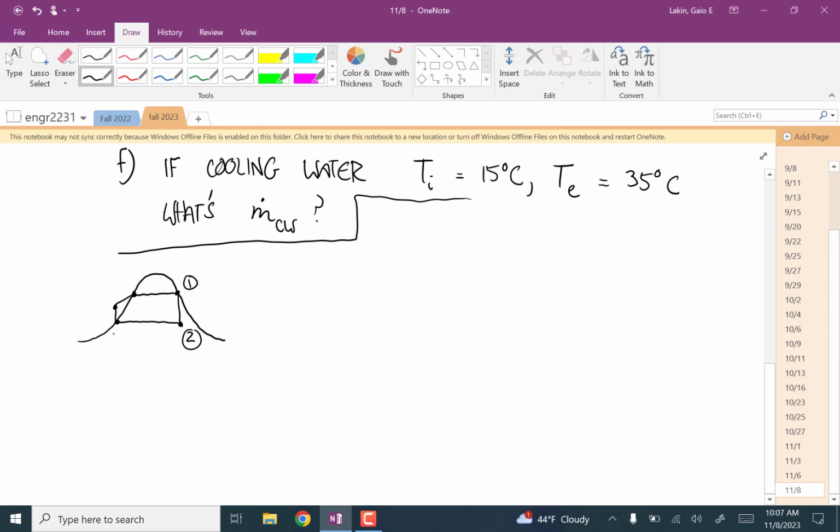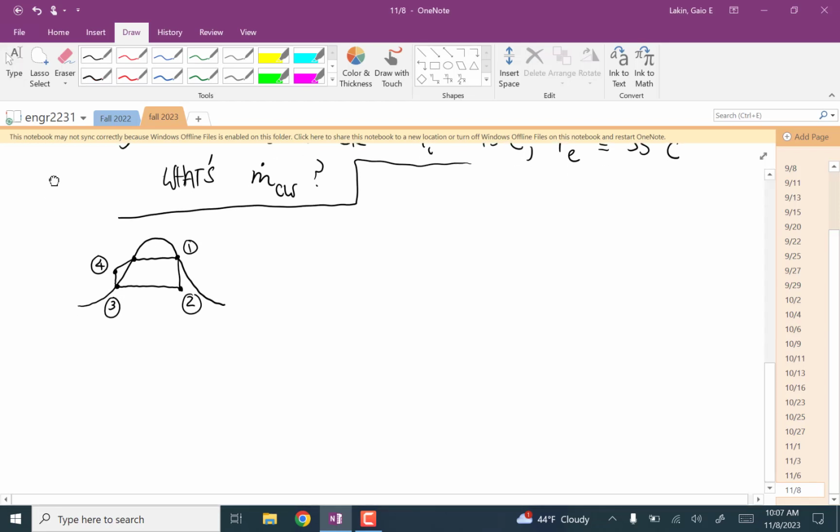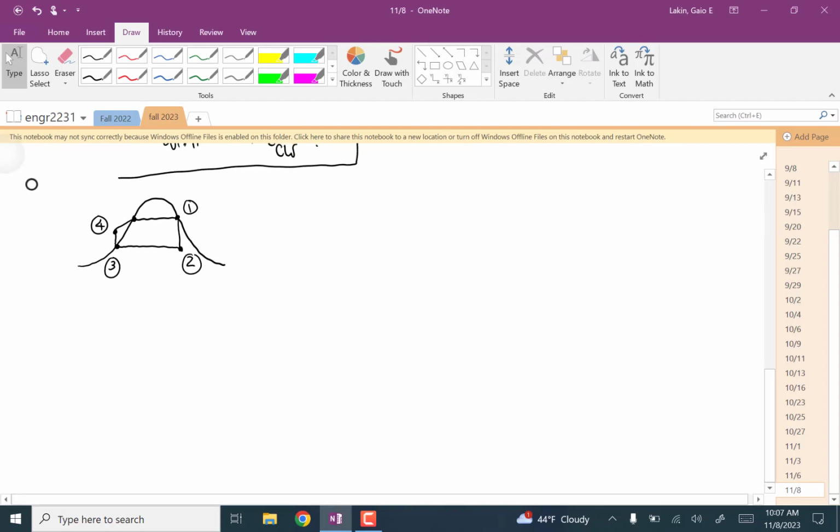This is 2, 3, and 4. So at state 1, this is the turbine, this is the condenser, this is the pump, and this is the boiler.